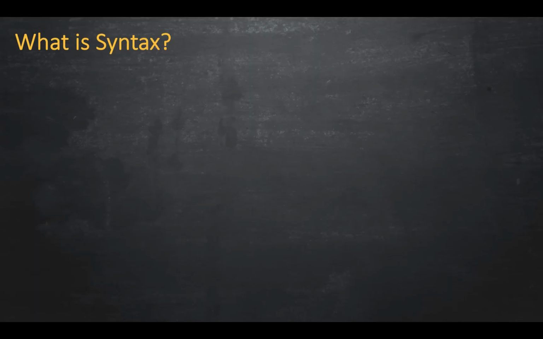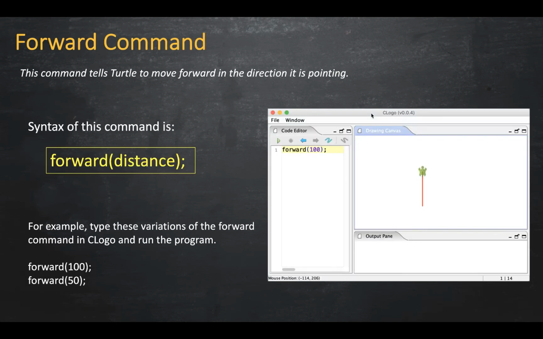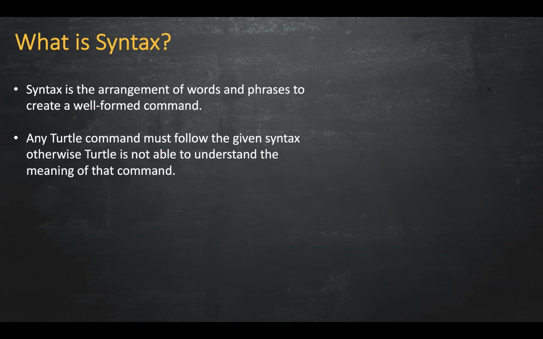Alright, before moving forward, let's look at what syntax is. Syntax is the arrangement of words and phrases to create a well-formed command. For example, in case of a forward command, the syntax is forward, opening bracket, distance, closing bracket, and semicolon. Any Turtle command must follow the given syntax, otherwise Turtle is not able to understand the meaning of that command.